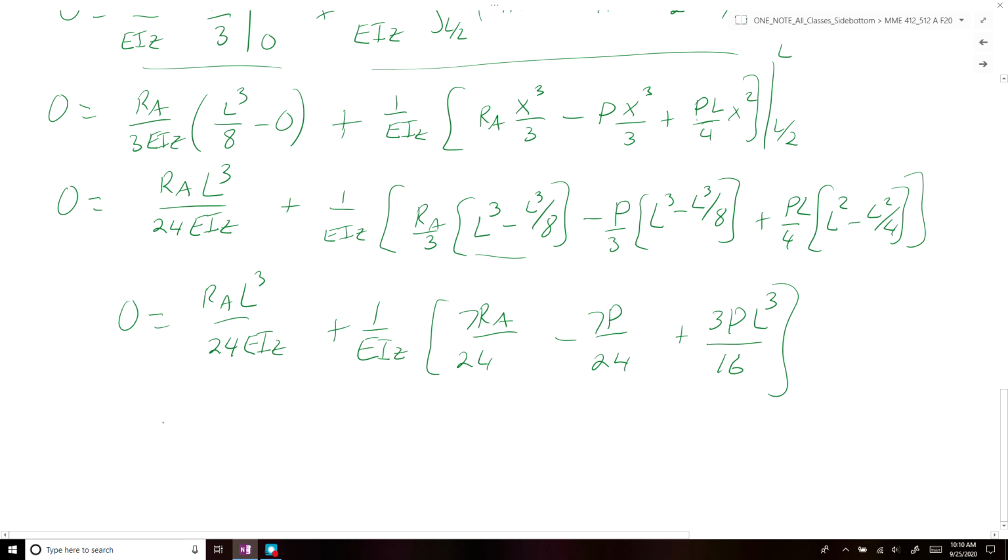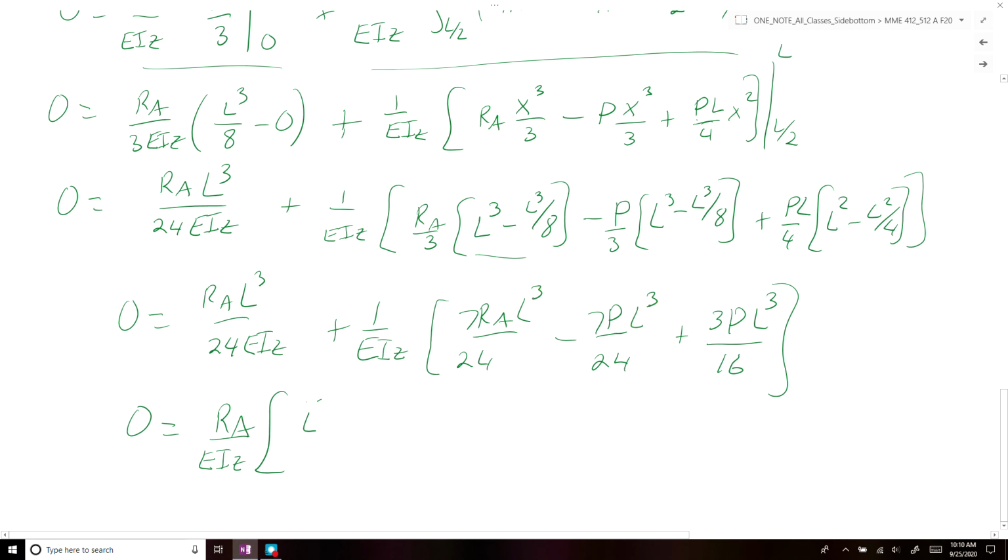So if we do that, we will get 0 is going to be equal to RA times 1 over EI, z times the length cubed. Sorry, there should be a length cubed term there and a length cubed term here.